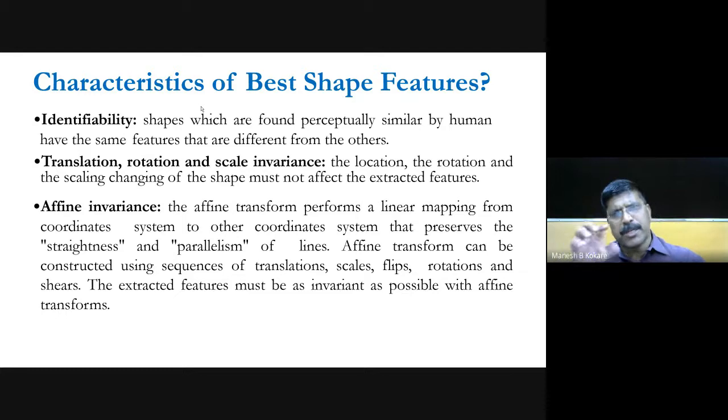Or if that object is scaled, your shape feature should be the same. Or if that object is translated, your shape feature should not change. So even if there is a change in translation, rotation, or scale, the shape feature should not change. That is considered a best feature of shape.